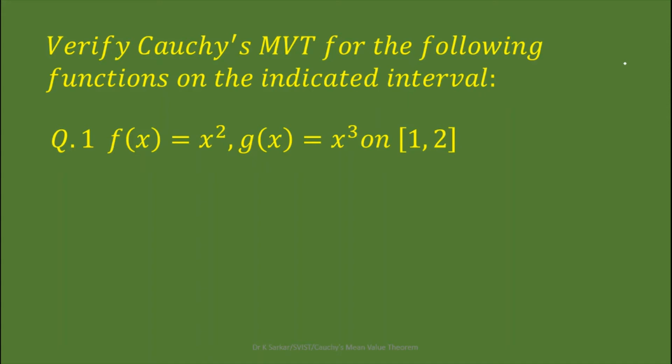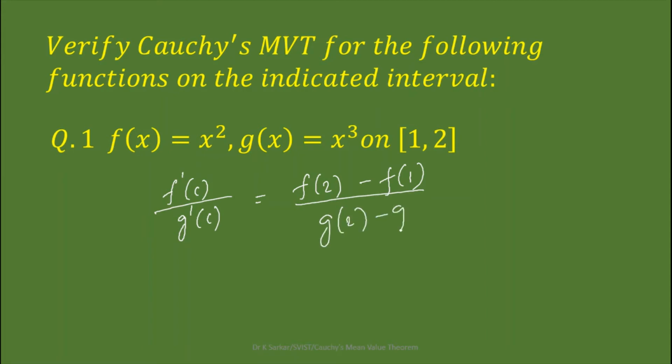Then there exists a real value c such that f'(c) divided by g'(c) equals (f(2) minus f(1)) divided by (g(2) minus g(1)). So from here we have to find c.